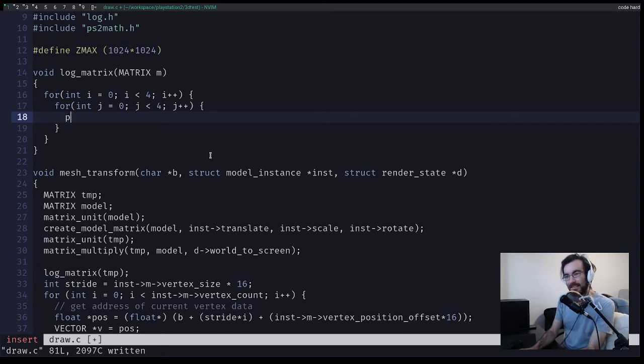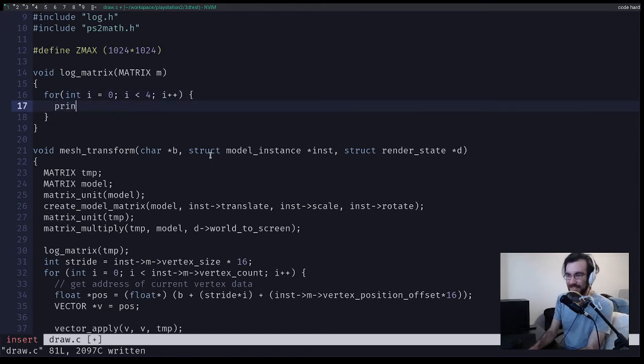Actually, no. Let's just printf one whole line at a time. Is it 0.2f or f.2? It's 0.2f, isn't it? I don't want these to be super long numbers. 0.2f, 0.2f, new line. And this is going to be m, I times 4 plus, m I times 4 plus 1.